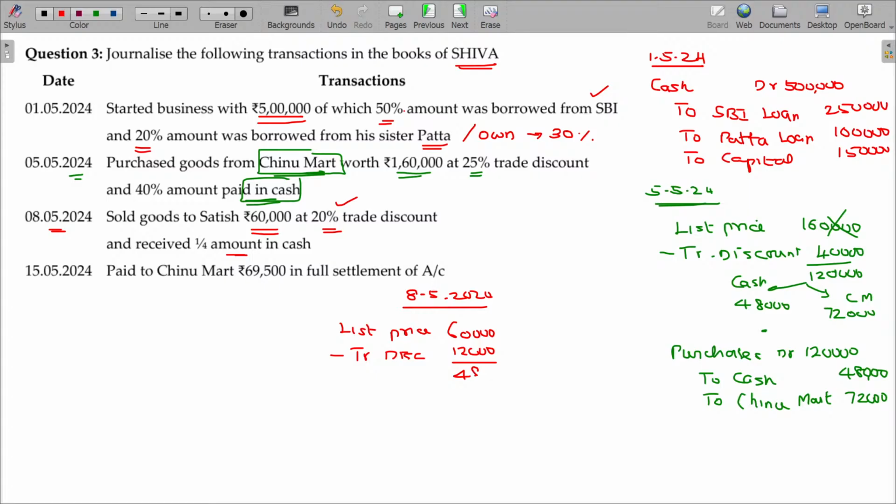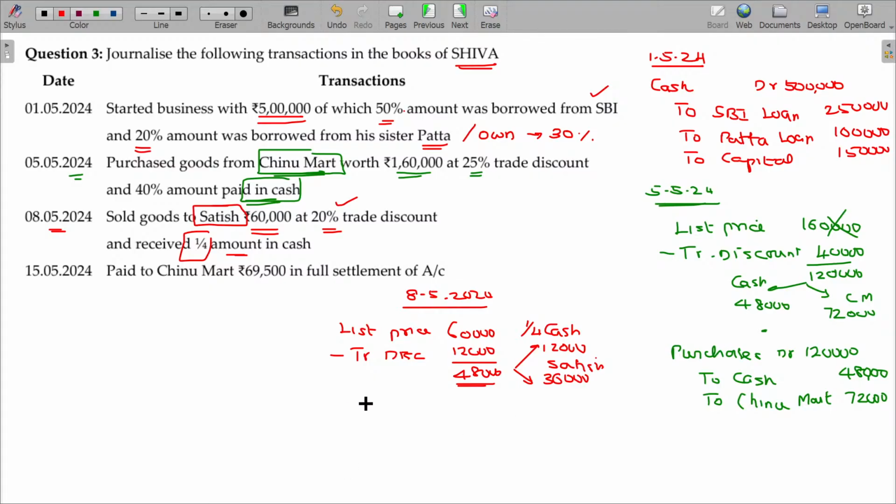The actual 48,000 is the value we are going to show for the sales. 1/4 in the form of cash, 12,000 rupees. 3/4 may be in credit. In case of a sale in credit, the party's name should be shown here. So Sadish name is shown here.